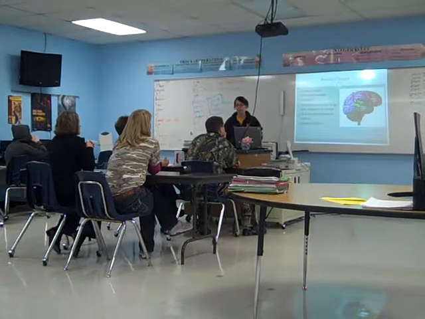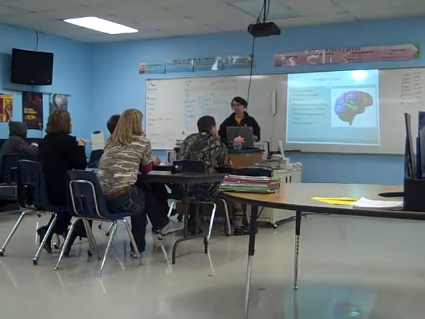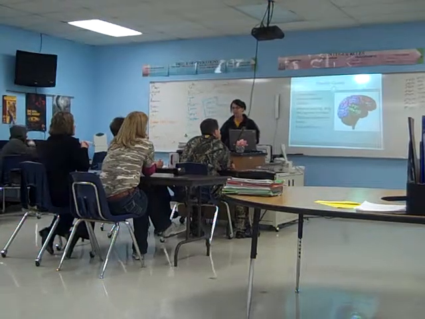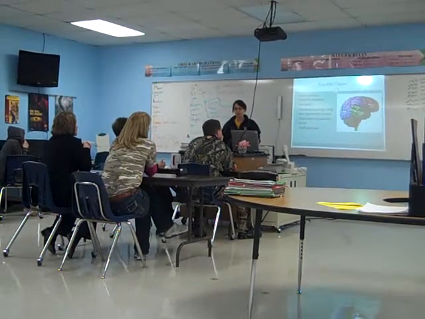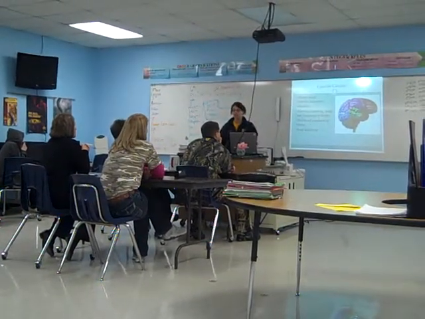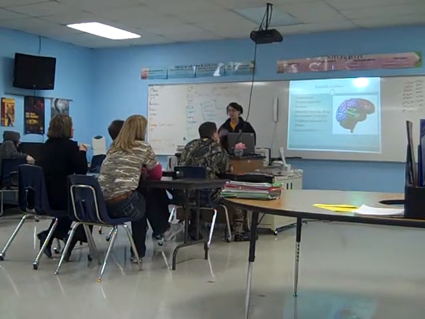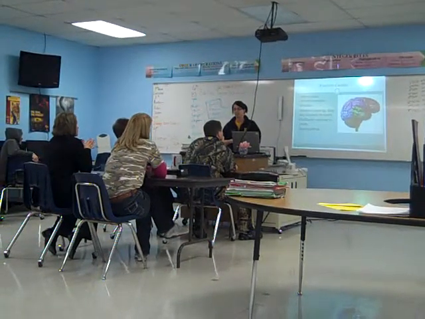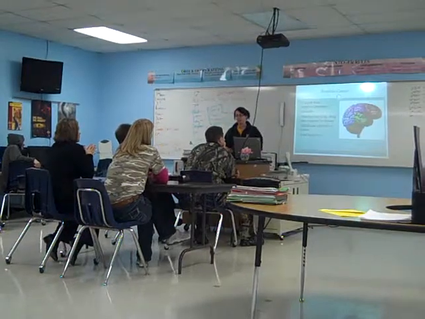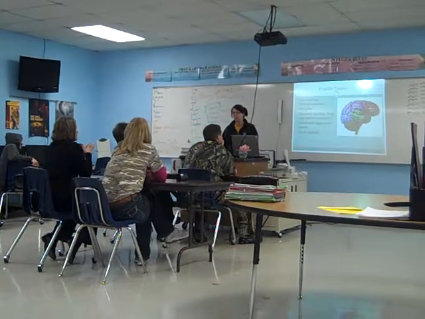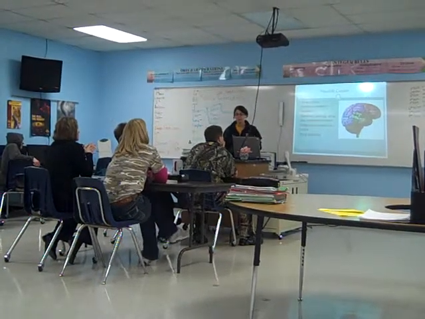In particular, the size of the brain in ADHD students is smaller than that of a normal student, especially in the frontal lobe, which is up here, and that is where a lot of your decision-making abilities, your rationale, and your reactions take place.